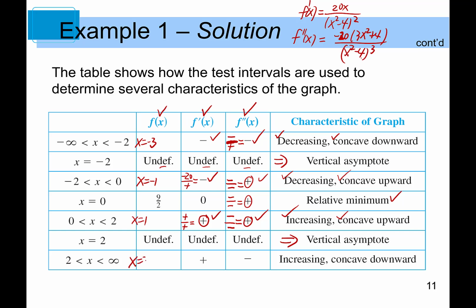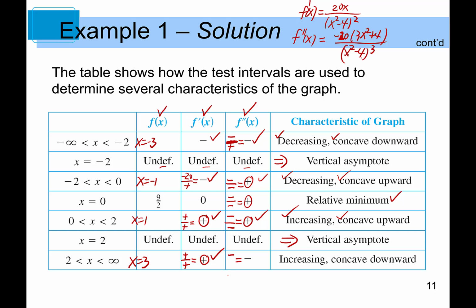So pick the test value x equals 3 and plug it into the first derivative. Then we have a numerator which is 60, which is positive, right? The denominator is always positive. Positive over positive is positive. So that means it's an increasing graph. For the second derivative, the numerator is always negative.